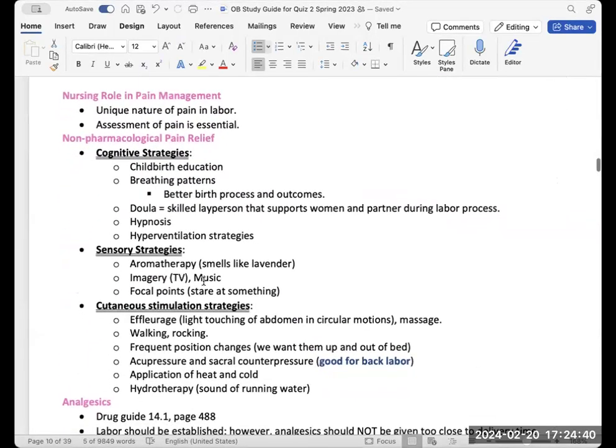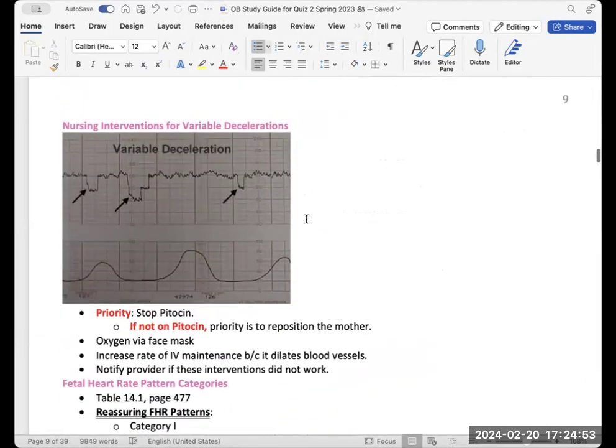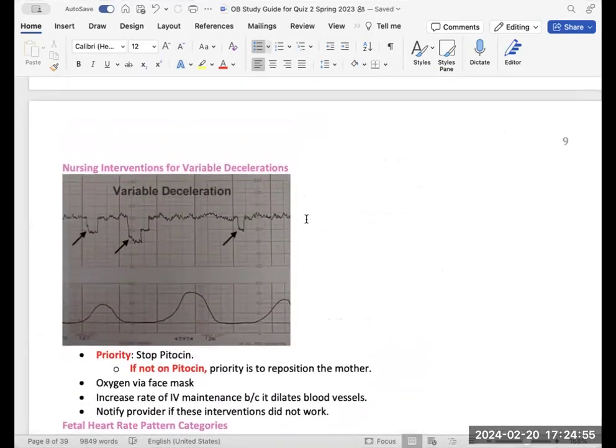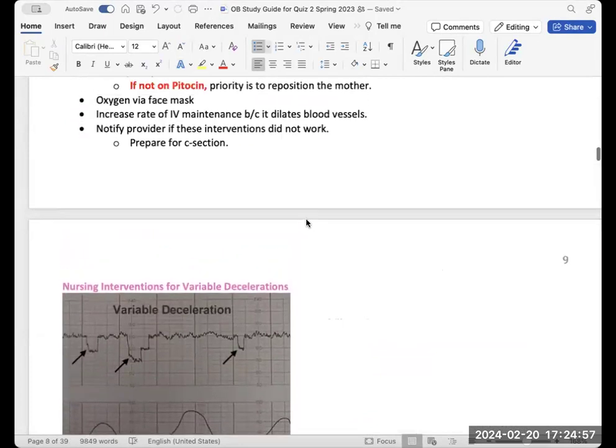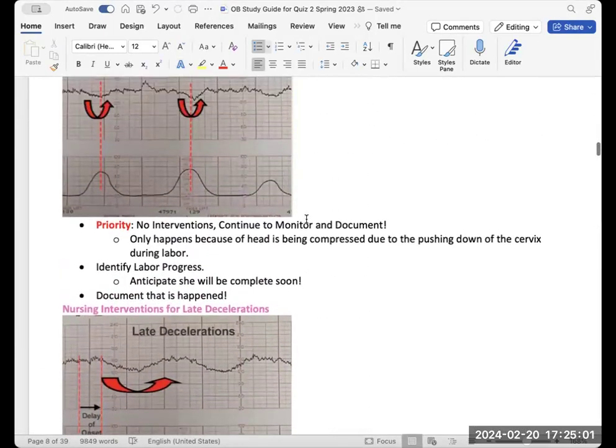I'm sorry, Alicia. Just to confirm, variability has to deal with only the fetal heart rate, and decelerations has to deal with us looking at the heart rate and contractions. Yes. The decelerations relate specifically to the fetal heart rate, but they also relate to the contractions, right?